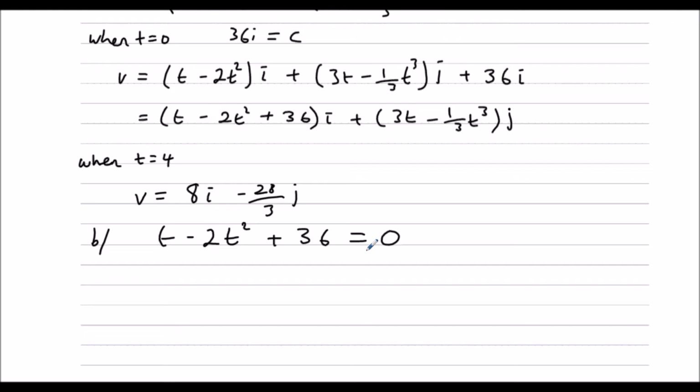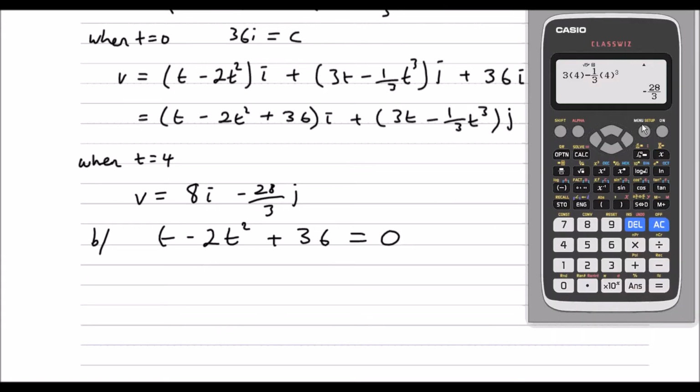So we need to solve this quadratic. We can solve it by factorizing, or we could use the calculator. So menu, equation or function, polynomial, order 2, quadratic. We've got minus 2 t squareds, we've got 1t, and we've got 36 as our number.